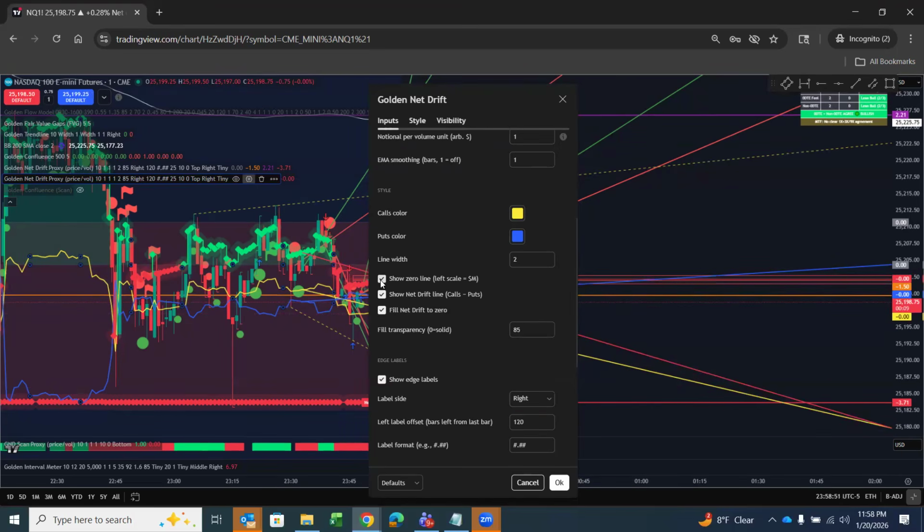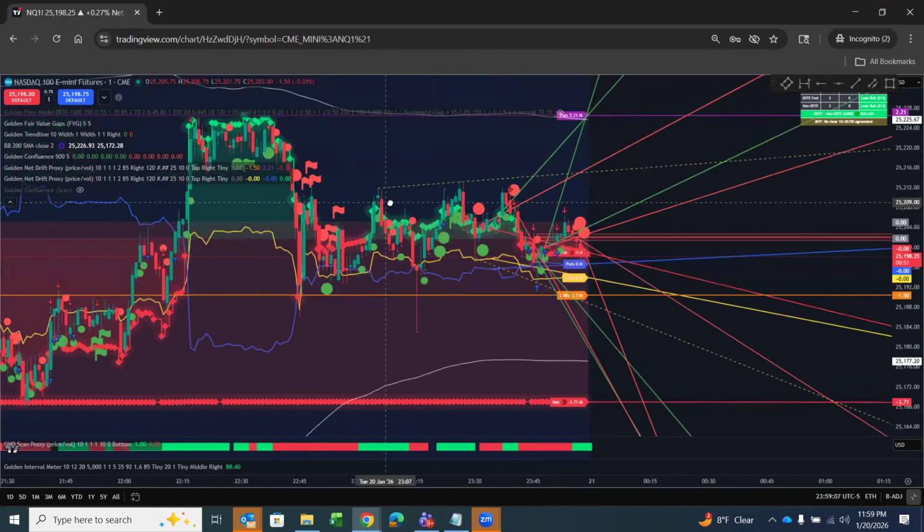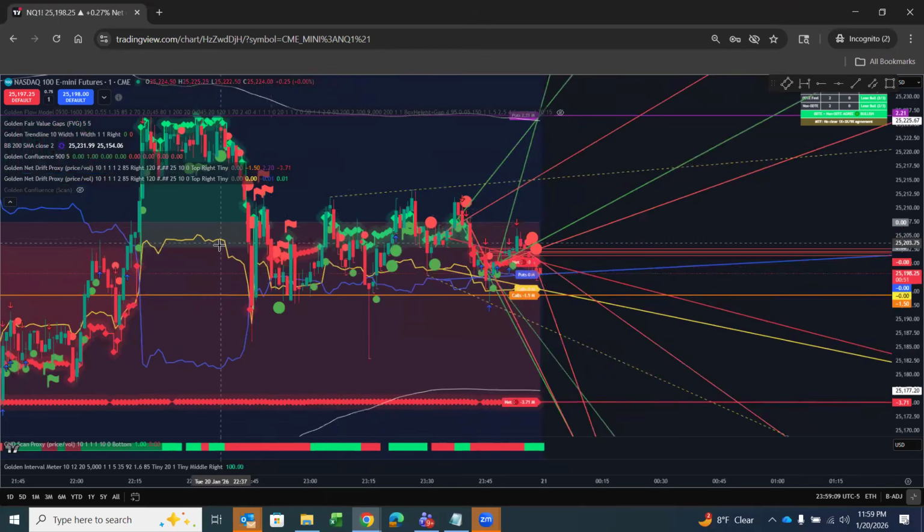So I have show zero line on, show net drift line on, and I fill net drift to zero. That means the space above or below this zero line is going to be green or red. Right now you can see that's muddy if you look back here. This is the space between the two indicators because I have the two indicators currently turned on.